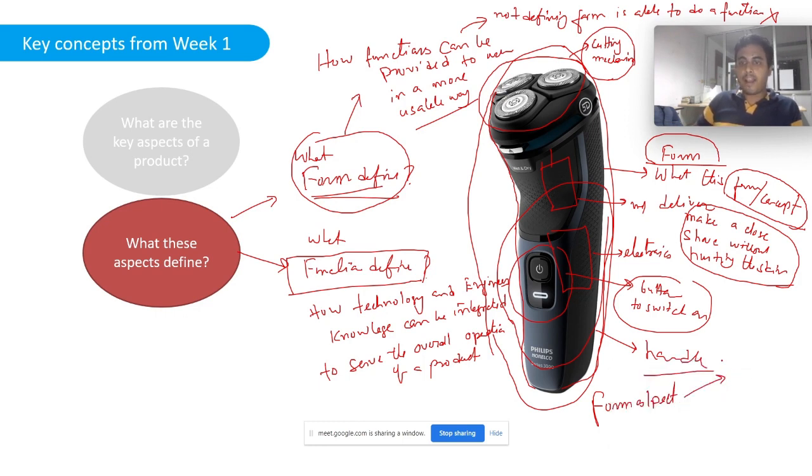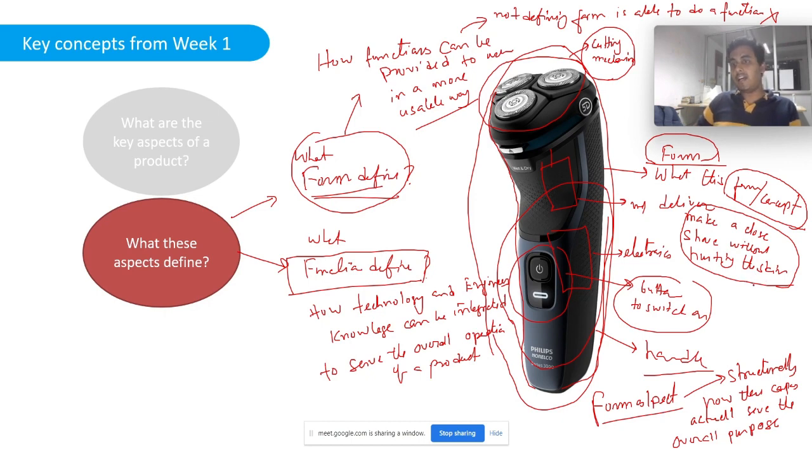So what form defines is, structurally, how these components actually serve the overall purpose. And what is the overall purpose? As I defined earlier, Madhusudan said: make a close shave without hurting the skin.